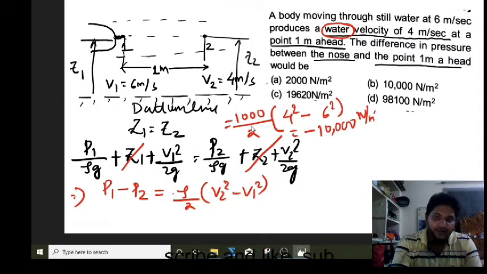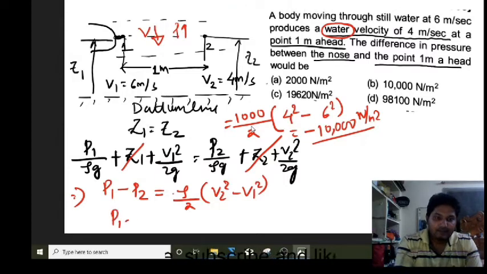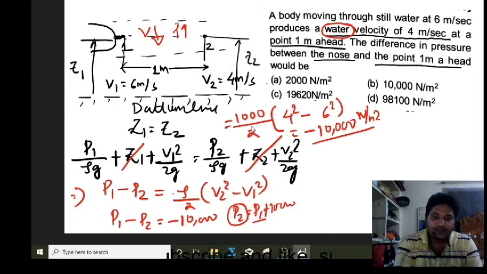Now you can see the velocity is gradually reducing. As the velocity reduces, the pressure must increase. So pressure 1 minus pressure 2 equals minus 10,000, so pressure 2 will be pressure 1 plus 10,000. The pressure at point 2 is more than at point 1 because the velocity is reducing, and to contain the same amount of energy the pressure increases at point 2.